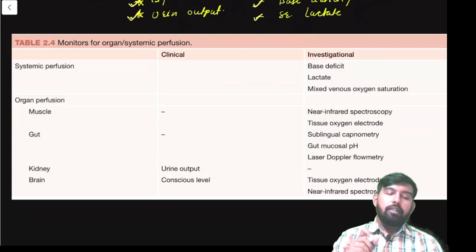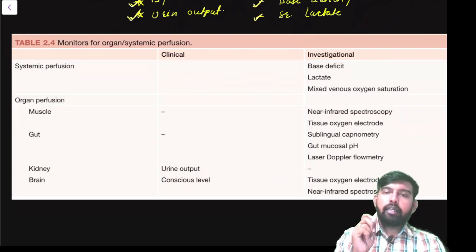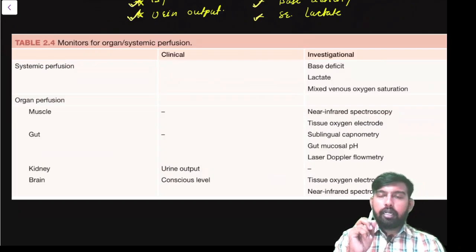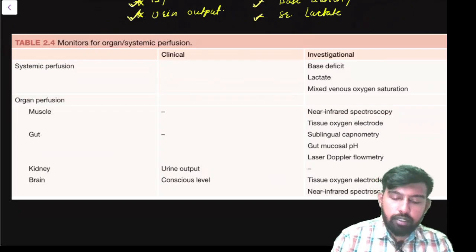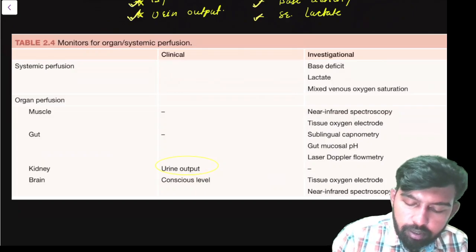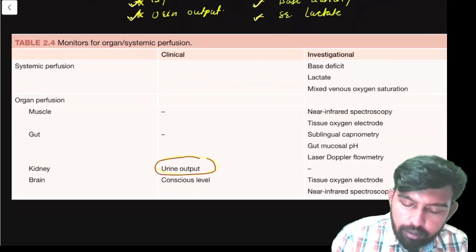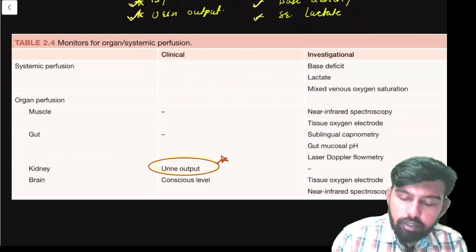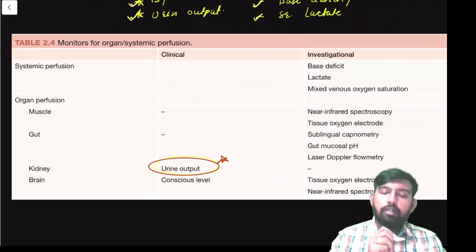So basically the most important clinical parameter for the evaluation of the perfusion is the urine output. Urine output is the most important clinical parameter for the adequate tissue perfusion or the resuscitation.